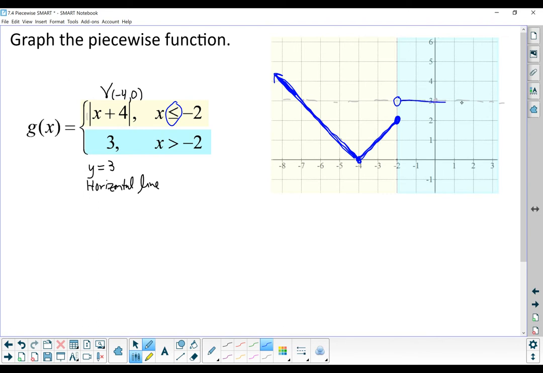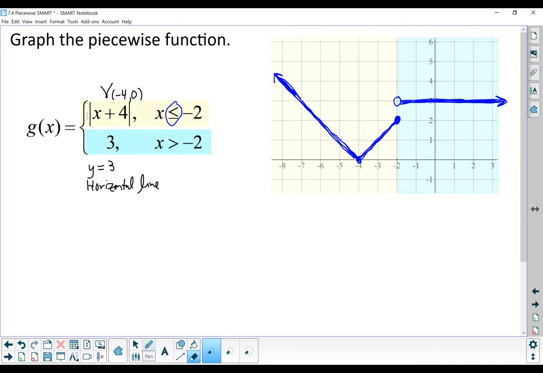It's only going to be on this blue side of the coordinate plane for the x values that are greater than -2. So I'm going to go ahead and erase away these little marks because they are not part of my function. So here's our function g of x. It's got a piece that is a V shape and it has a piece that is a horizontal line.